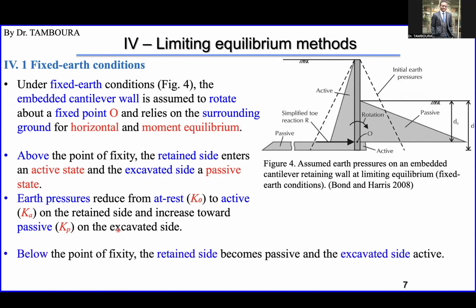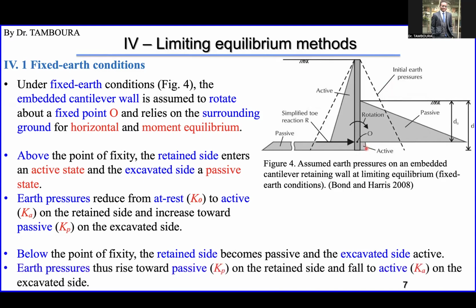So below this point, I think it's easy to guess. The retained side becomes passive. Here below this point, this is passive, but this side, the excavated side, is active. It's simply like that.